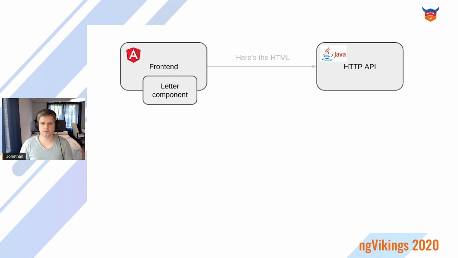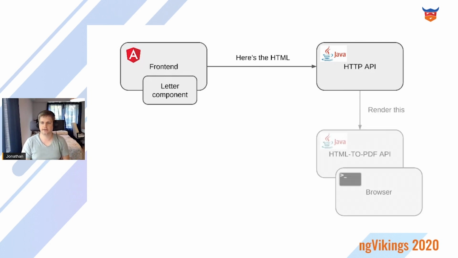What they did was take the inner HTML of the rendered Angular component and throw it at the backend API, which then used a microservice that again shelled out to a browser to render the PDF.